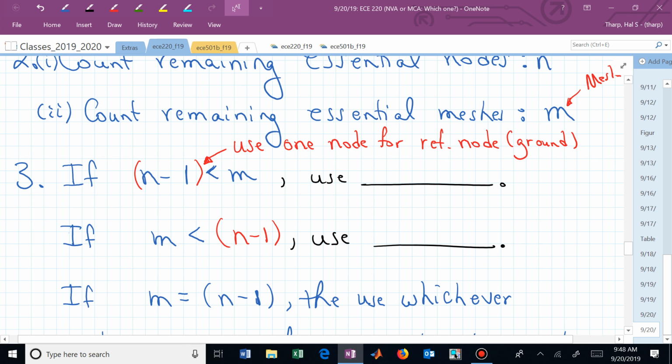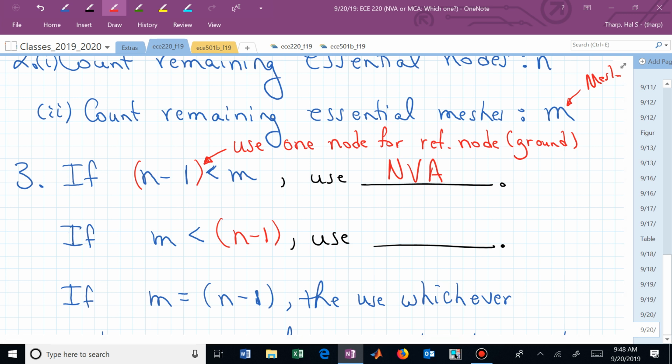If we have fewer node voltages to solve for than meshes, which analysis strategy should we use? Node voltage analysis or mesh current analysis? If you want to work fewer questions, or have fewer equations, we should do the node voltage analysis.